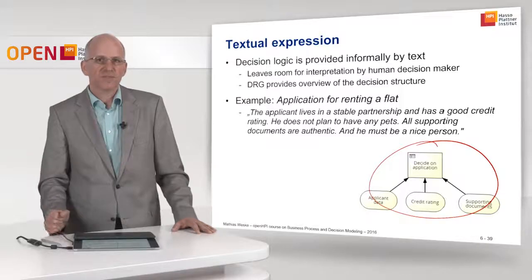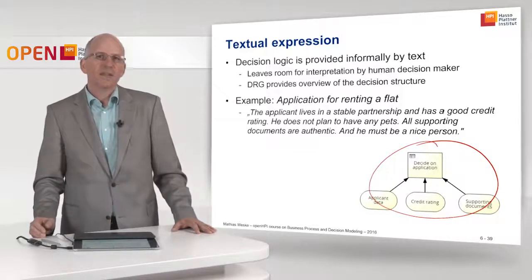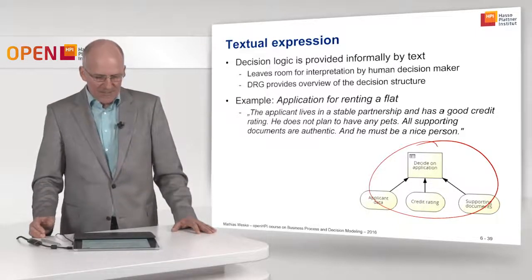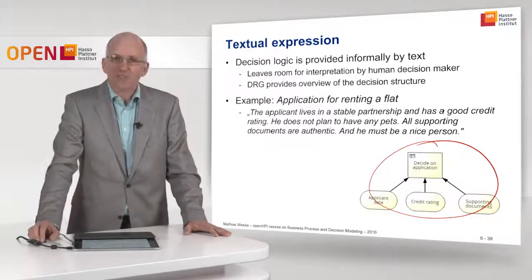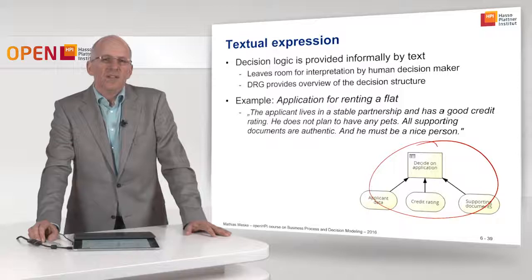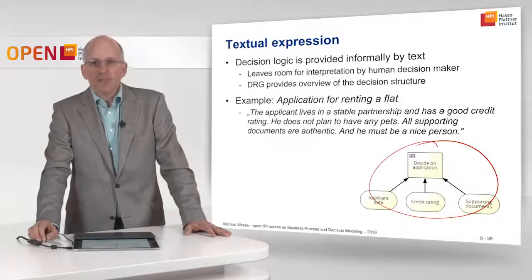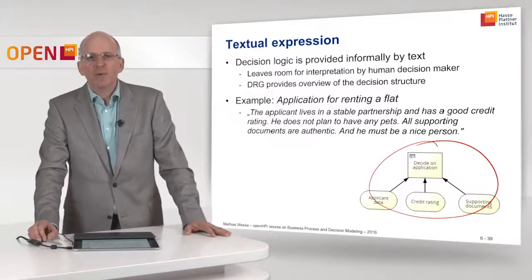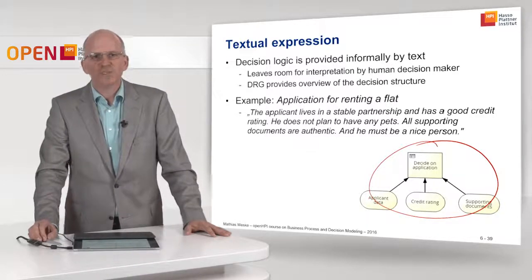for renting this flat. And the landlord might have the decision logic expressed as a textual expression like this. The applicant lives in a stable partnership and has also a good credit rating. He does not plan to have any pets. All supporting documents are authentic. And by the way, he must be a nice person.